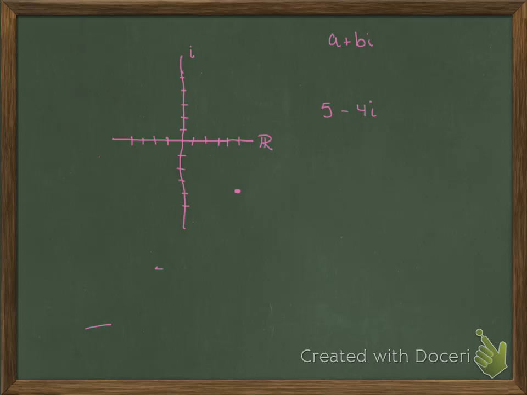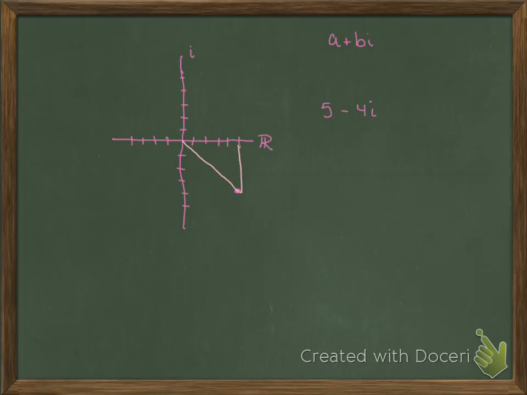Puts us right about there. Okay, so this is the example that we're going to use to find the length of these absolute values, as the length of these imaginary numbers as they are graphed in a coordinate plane.